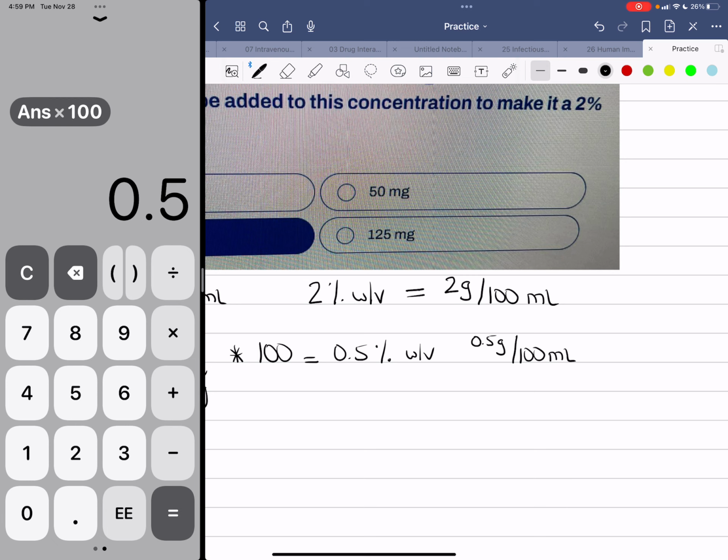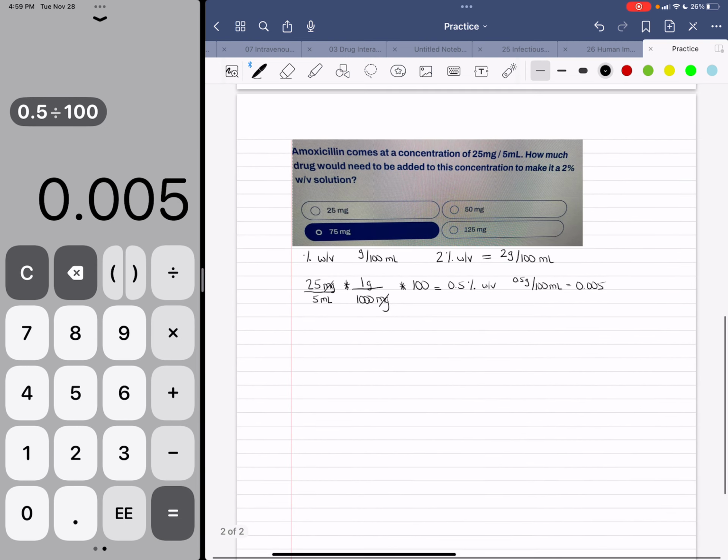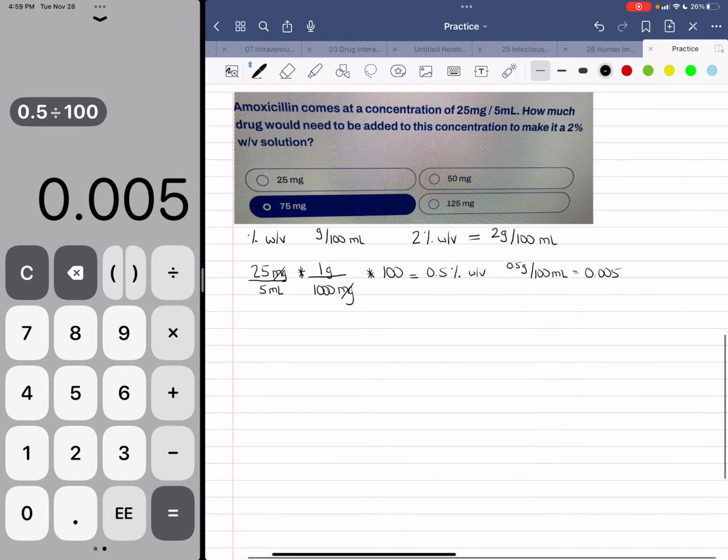And I'm going to double check that, and you can see if we take 0.5 divided by 100, that gives us, again, 0.005. All right, that was just kind of a little proof there, if you would.